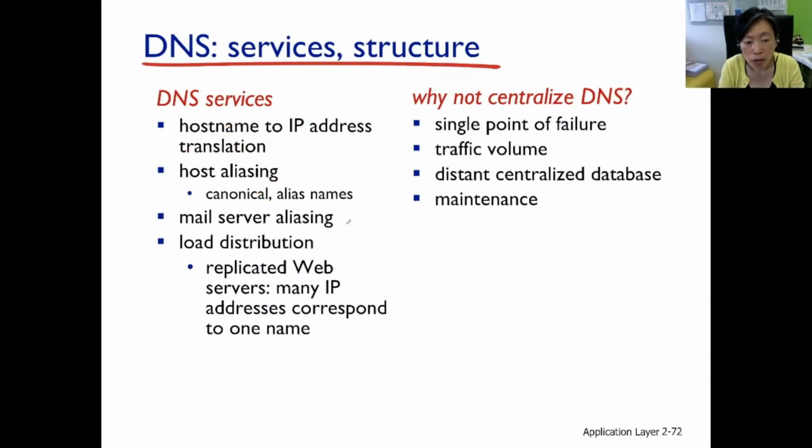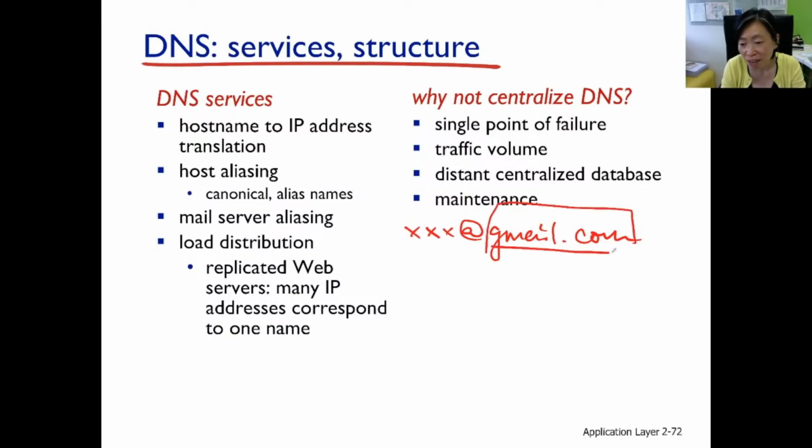Second, mail server aliasing, right? I mean, you must have one of these Gmail accounts. If your friend is sending email to your Gmail account, your friend's mail server will need to know who your mail server is. So who's Gmail's mail server? This thing actually looks very general. It's in fact a domain name, not quite a host name.